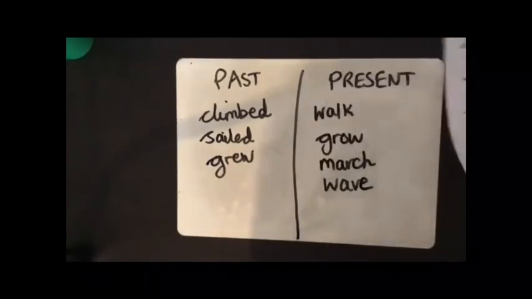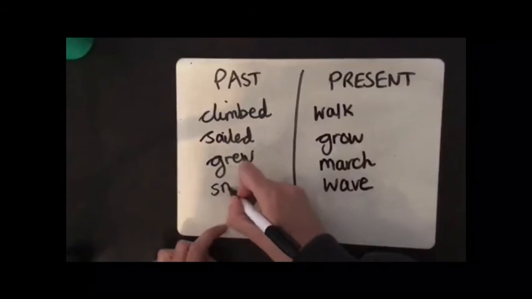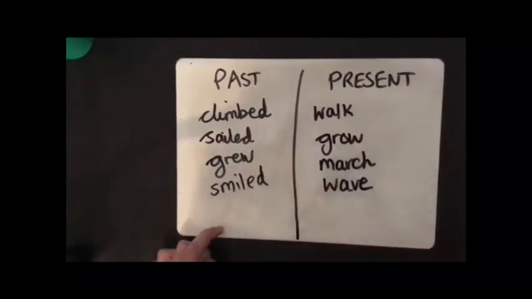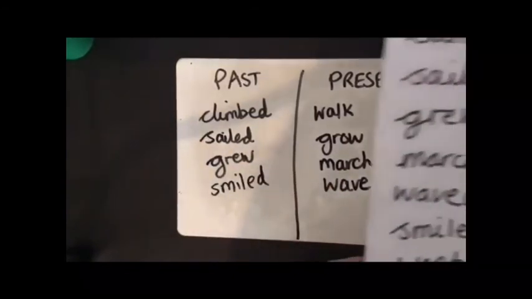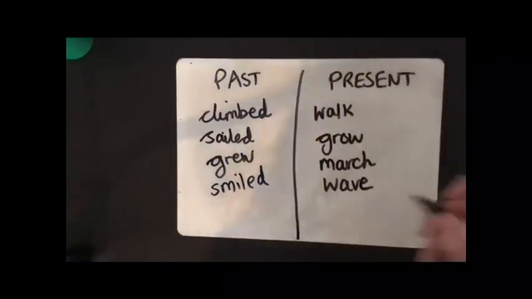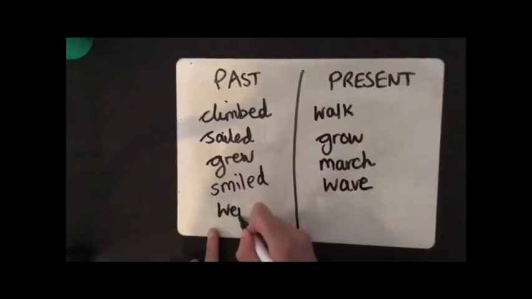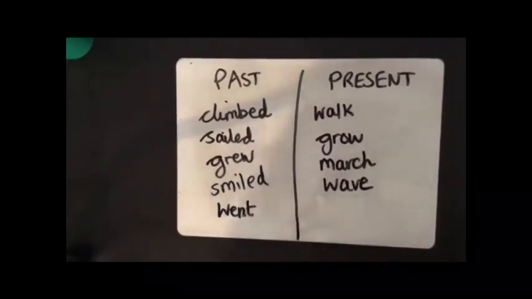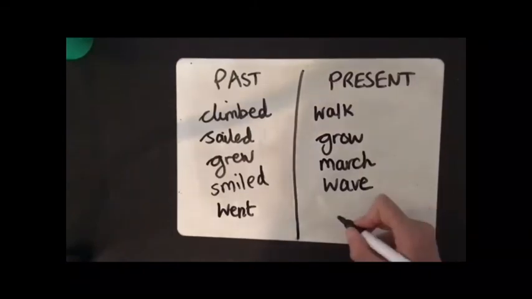So smiled is past. And the last one, went. Oh, tricky. Went is a past tense verb. What's the present tense verb for went? It's go.